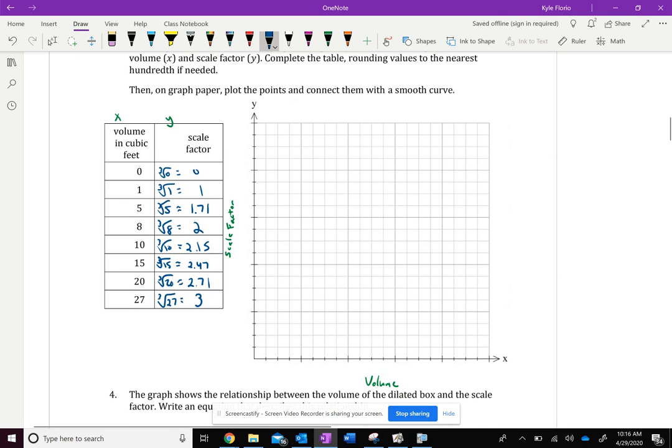So now we want to graph it. Now, my x's are going from 0 to 27, and I have, let's see, 4, 8, 16, 20. This will only get me to 20. If I want to get to 27, I'm going to have to count by more than ones. I'm going to count by 2s then.